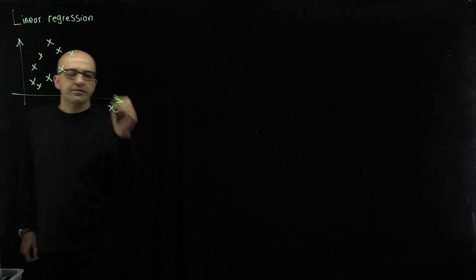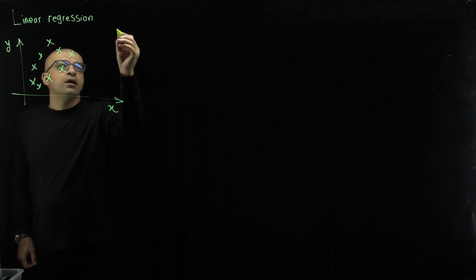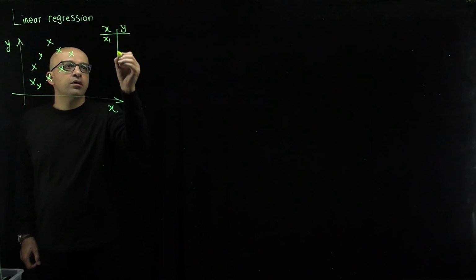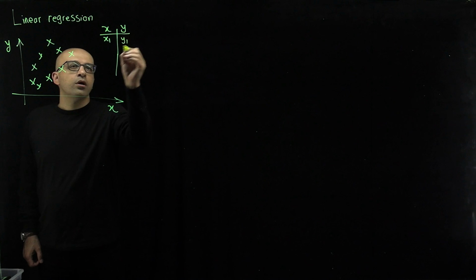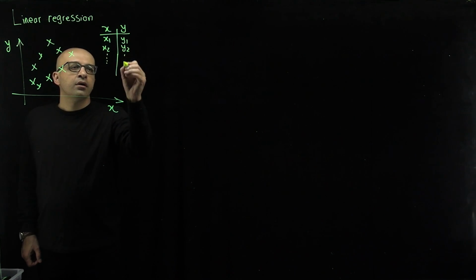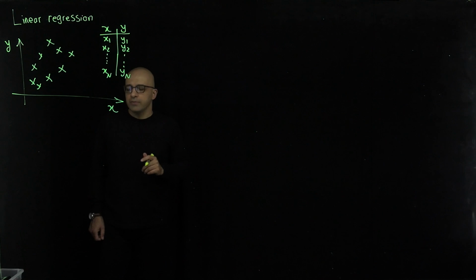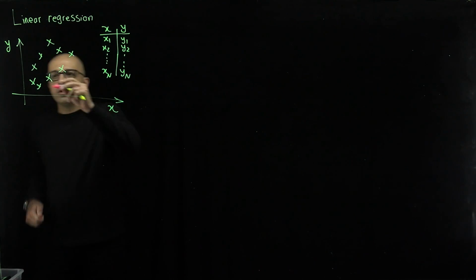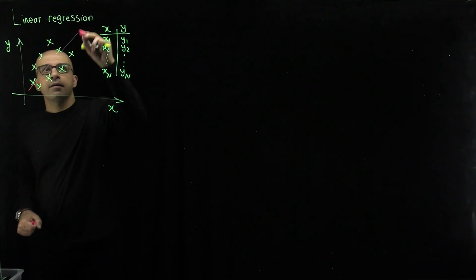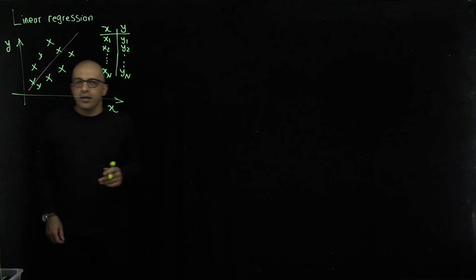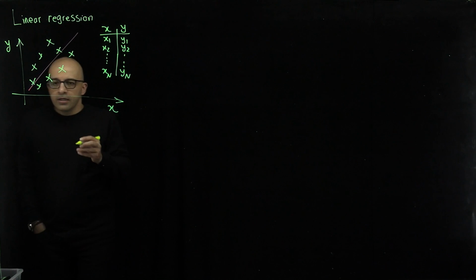This is the x-axis, this is the y-axis, and so we have x1, y1, x2, y2, and let's say we have n measurements. And let's say we try to fit a line to these measurements, the simple regression problem.